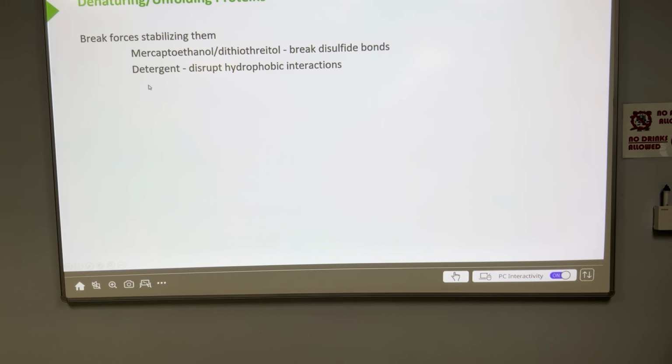Detergent. The detergent is a type of substance that is going to destroy and dissolve all hydrophobic substances. For example, we say that salt dissolves in water, and nonpolar substances dissolve where?